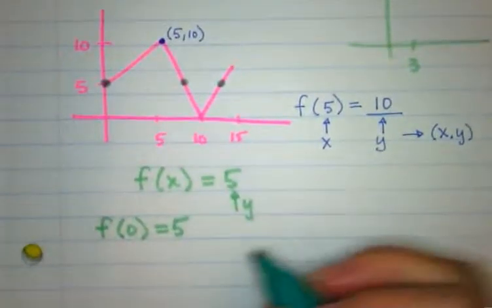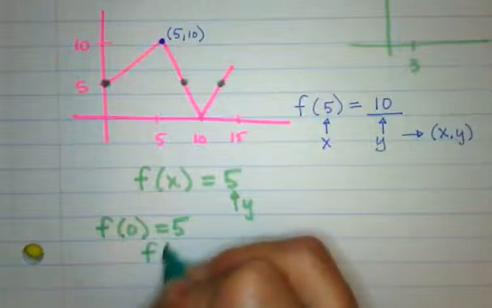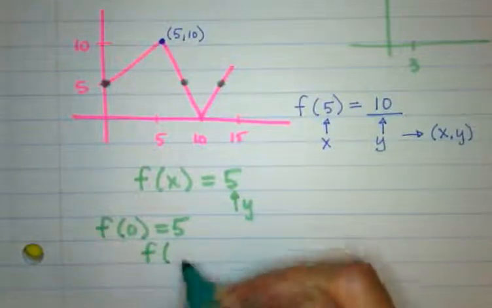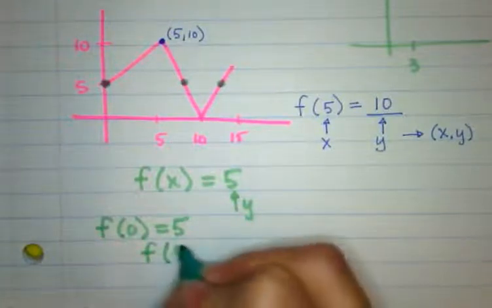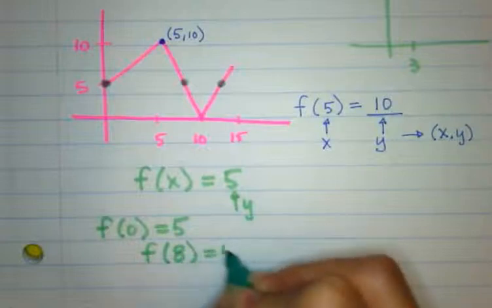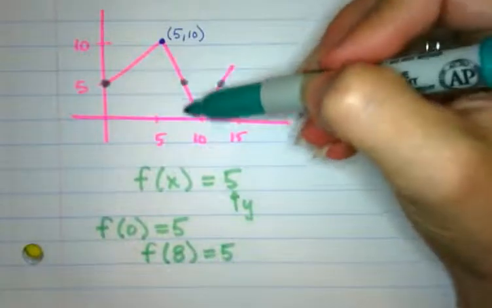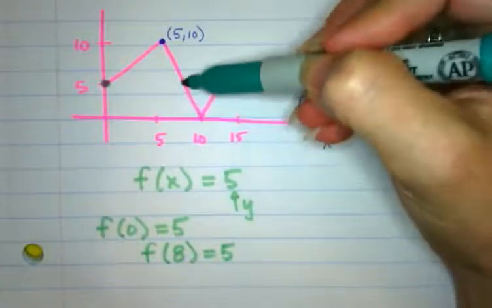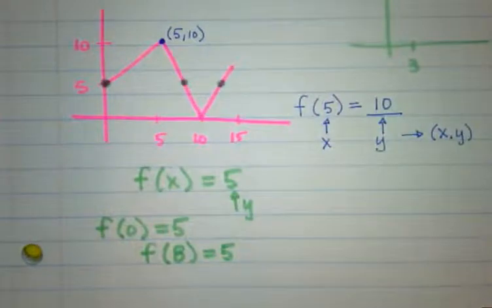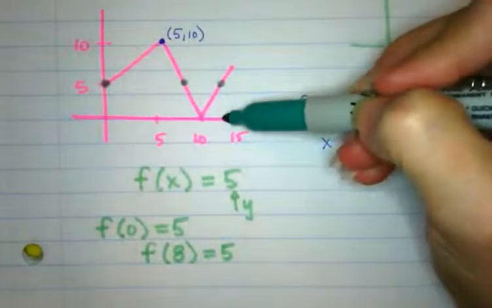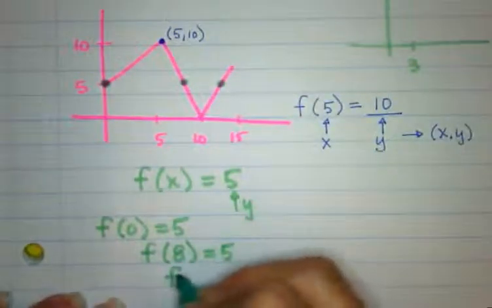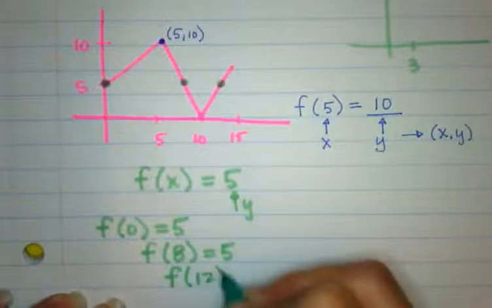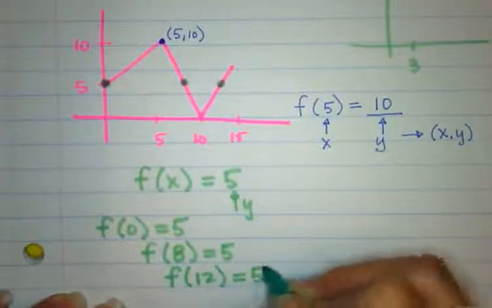I could say when x was maybe, I don't know, maybe that's 8. When x is 8, y was 5, because of that point right there. Looks to me kind of like the point 8, 5. Or this one right here, maybe when x was 12, y was 5.